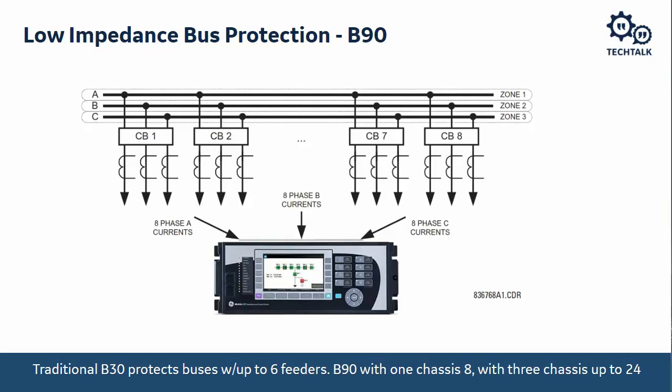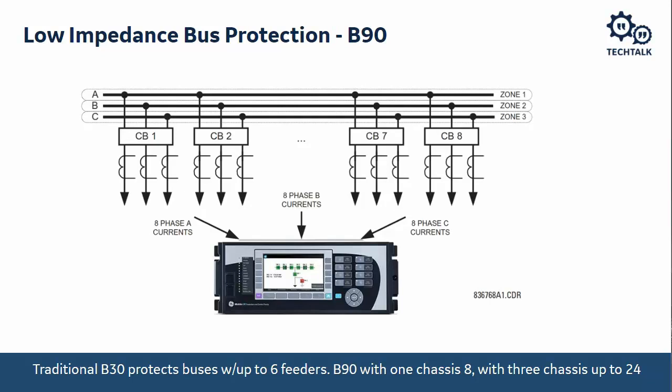So one of those exceptions is we can put no more than 3 DSP modules into a UR relay. Now, DSP stands for Digital Signal Processor. It's where we wire CTs and VTs. And one of those modules is the 8N module. It's got 8 places to wire currents.